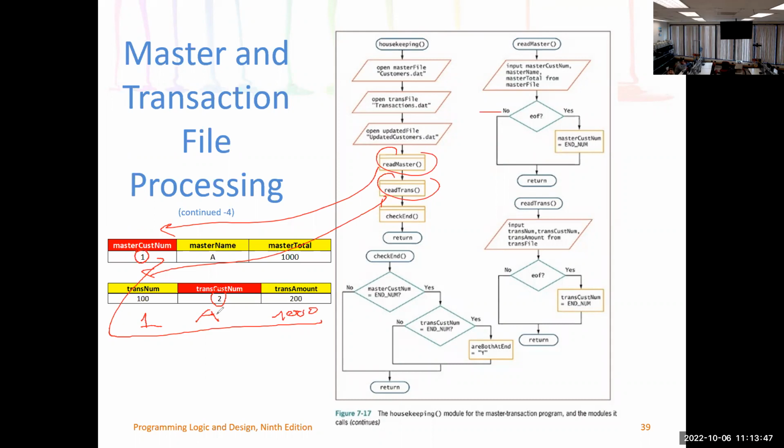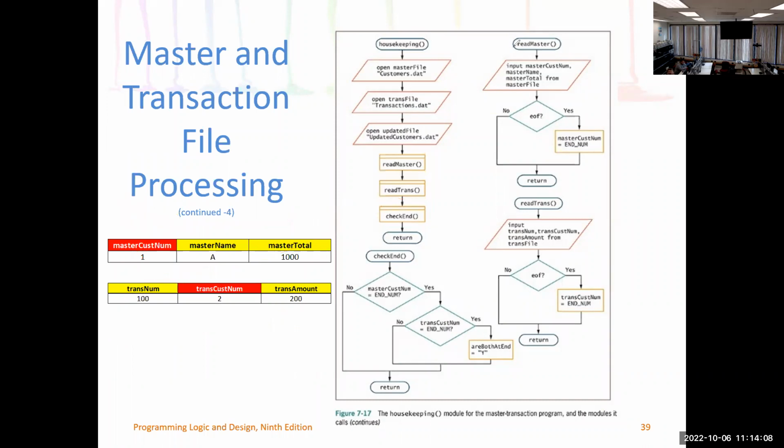So when you have no transaction, of course you have to move to the next, right? You have to move because when you compare them together here, number one is less than number two, and of course you have to move to the next customer here. Okay, that's the process here.